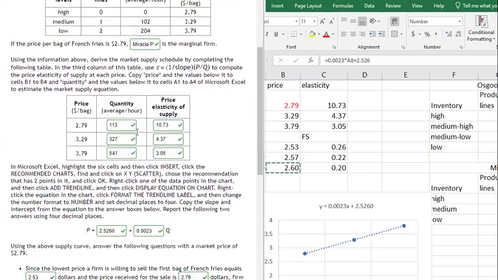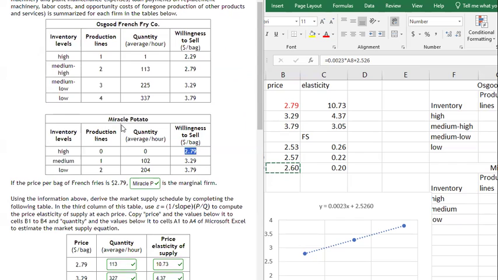Now at this price, $2.79, remember Miracle Potato is indifferent between producing and not producing. So only Osgood French Fry Company is in the market. Now, when the price goes up a little bit, Miracle Potato is going to jump in.